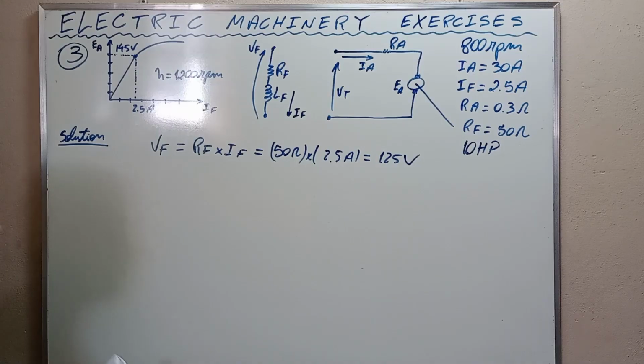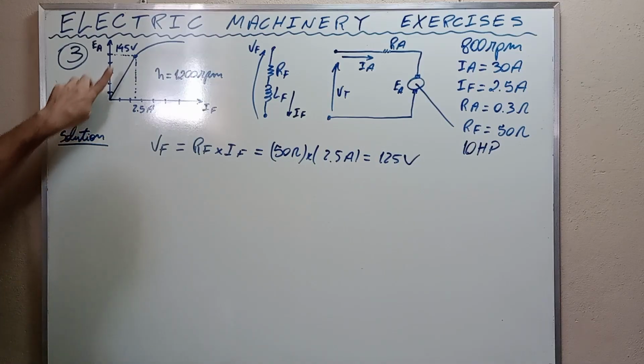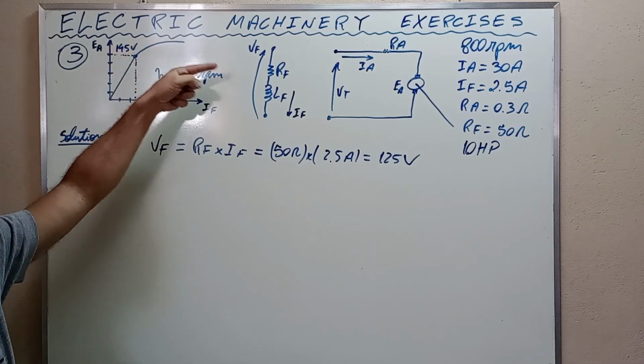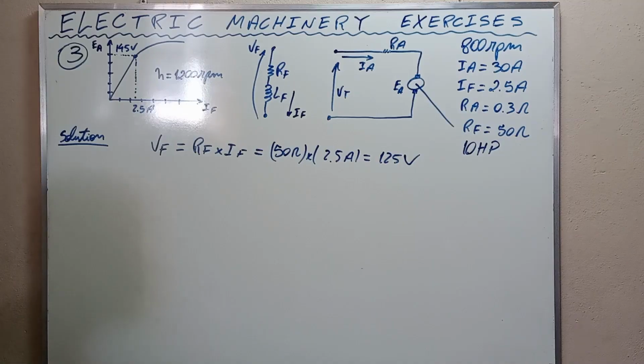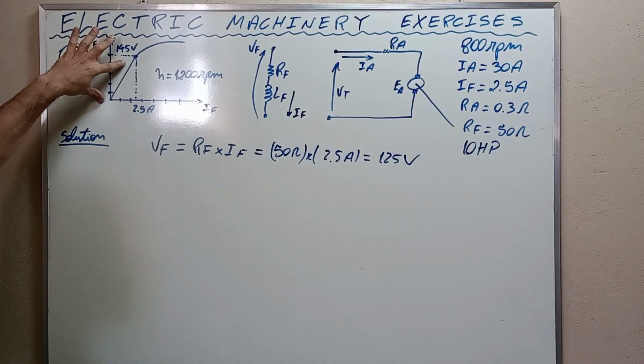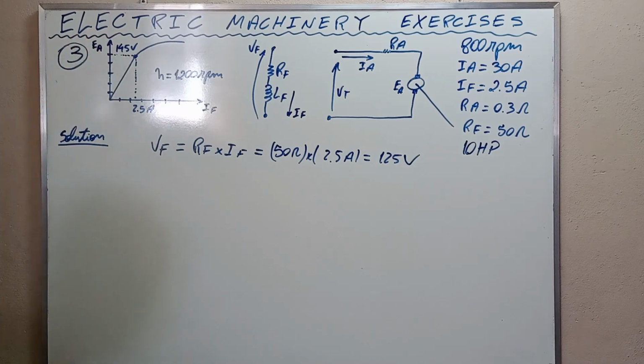Alright, for the speed of 800 RPM, we will use the following. This is a linear relationship because there is a part of the graph that can be considered linear and the other part saturates and cannot be considered linear. We are operating under the assumption that this part here can be considered linear, alright?